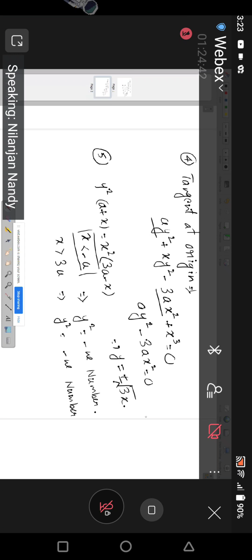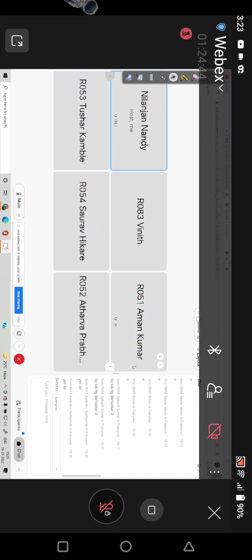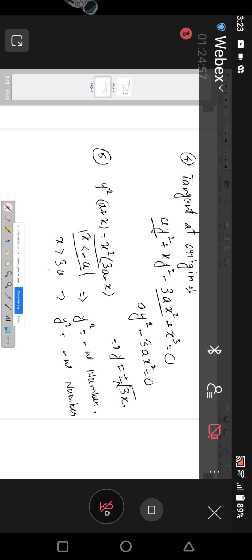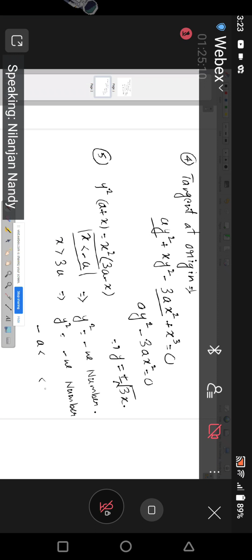Now as we are dealing with real curves only, the values of x and y should obviously be real. So for x greater than 3a and x less than minus a, y square is negative. But from minus a to 3a, all the values are real, right? So the region of the curve is within minus a to 3a.